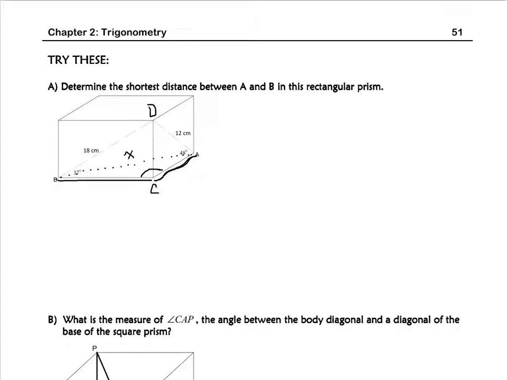So if I want to find x, I don't really have any information in that particular triangle, but if I could find this side right here and this side right here, I could use the Pythagorean theorem then to find x. And I can find w and y if I concentrate on using triangle ADC first. That would be this triangle right here.